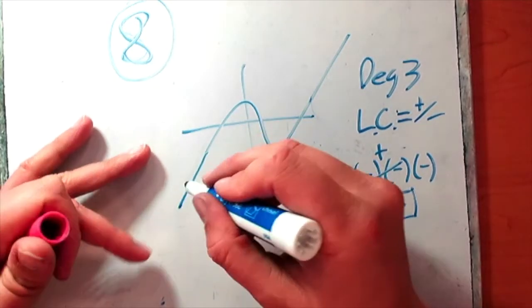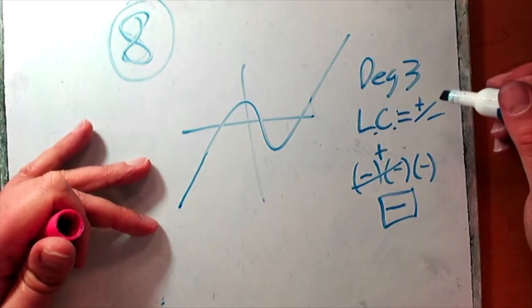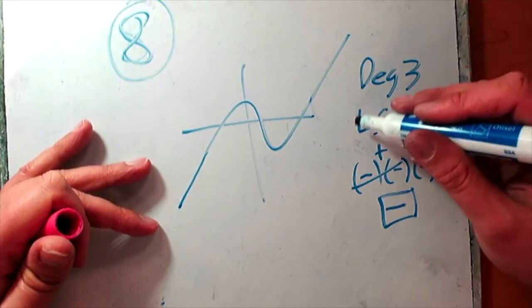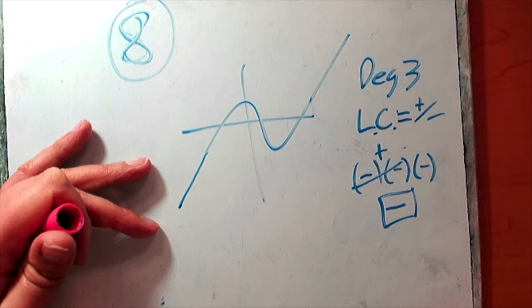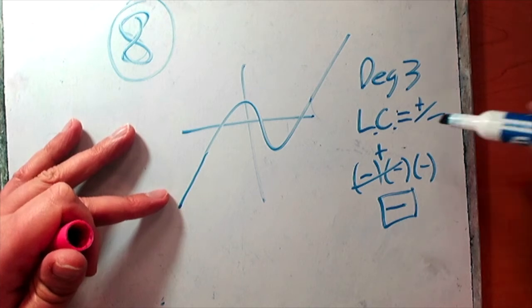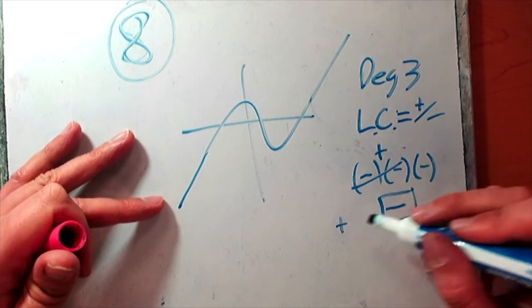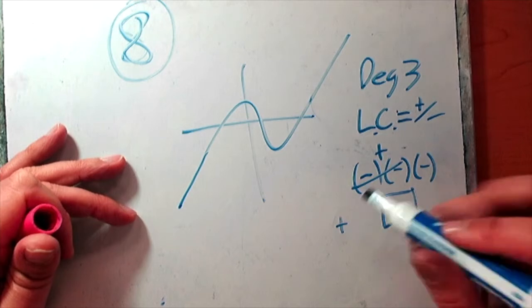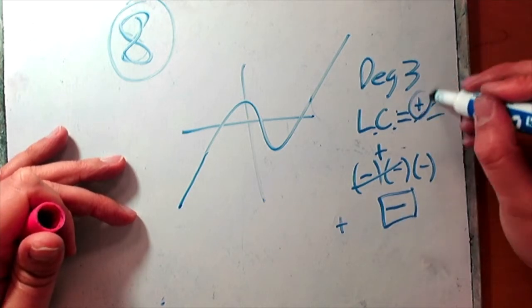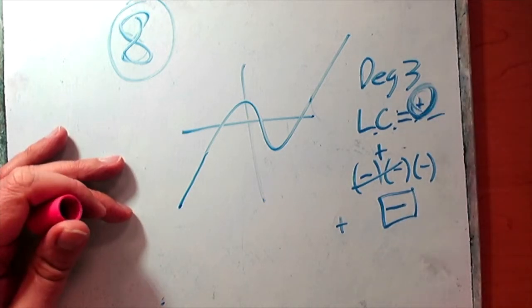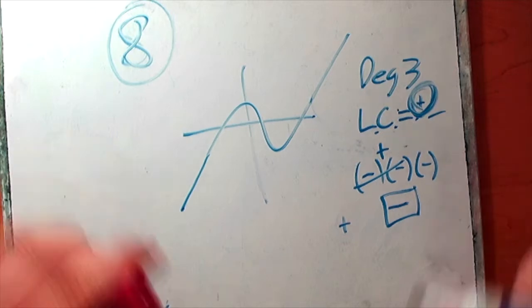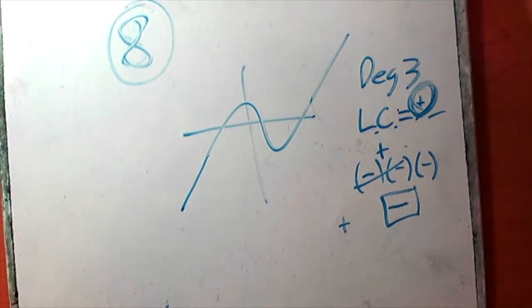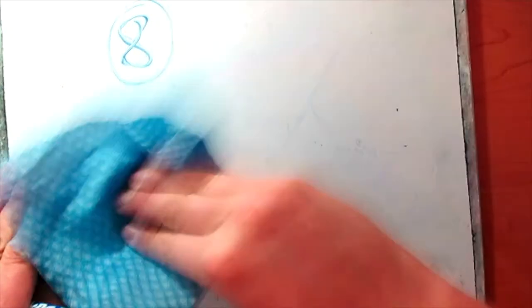That's what I'm seeing. It's going down. So that means the leading coefficient must also be positive, because the positive times the negative keeps it a negative. So the leading coefficient is positive, and that's the right answer there. So I hope that helps give you an understanding.